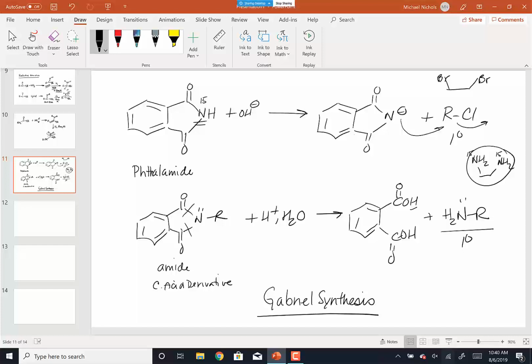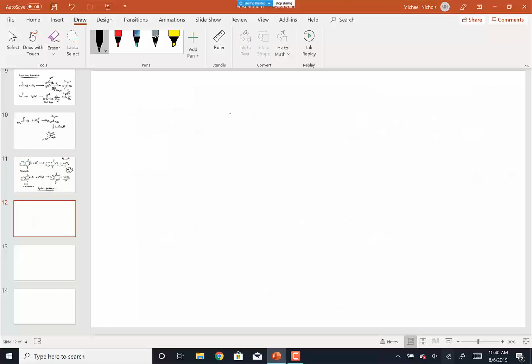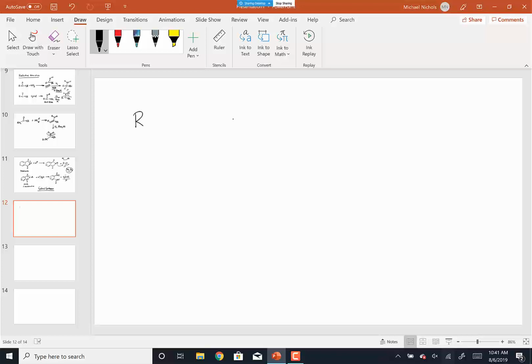And then our last method of making specifically a primary amine is to basically take an alkyl halide and react it with azide. So azide is N3-.